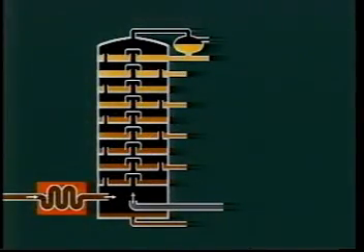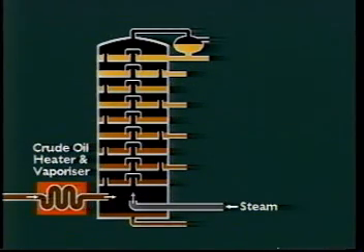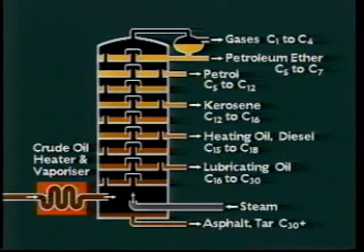The properties of these compounds vary gradually. The simple ones, C1 to C4, are gases at room temperature. The intermediate ones, C5 to C15, are liquids, while C16 and up are usually solid.